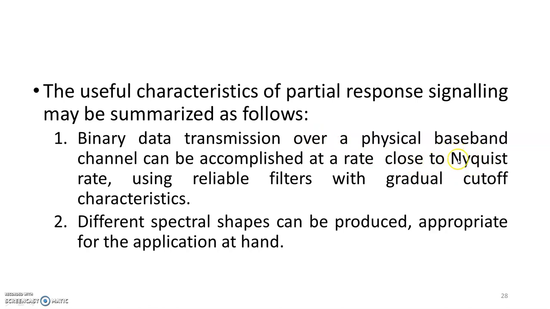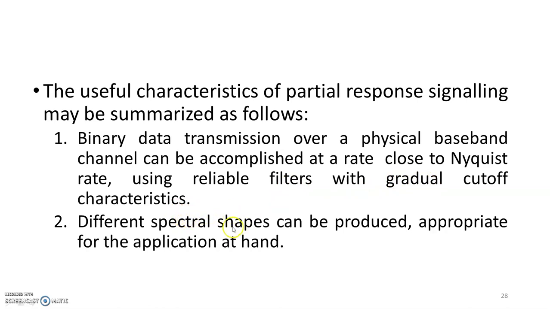We have seen the Nyquist rate condition was practically impossible, and when you consider the raised cosine, we increase the bandwidth in a range from W to 2W. But in the case of correlative level coding, or partial response signaling, you can transmit at the same rate as that of the Nyquist rate. That is a main advantage, and you can use reliable filters which have gradual cutoff characteristics.